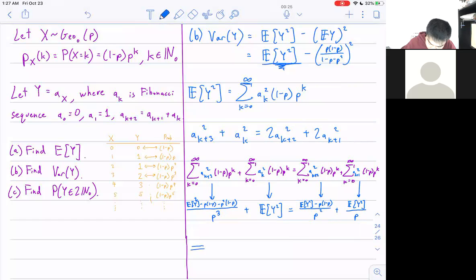So upon solving this entire expression, we do get the expected value of y squared to equal, let me just check my notes to make sure. We'll get this to equal (1 minus p) squared times p divided by 1 minus 2p minus 2p squared plus p cubed.